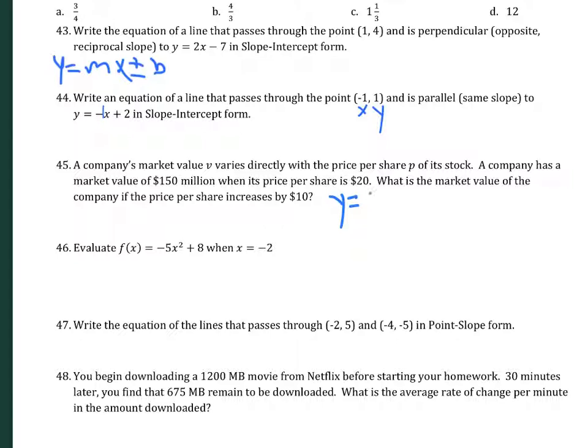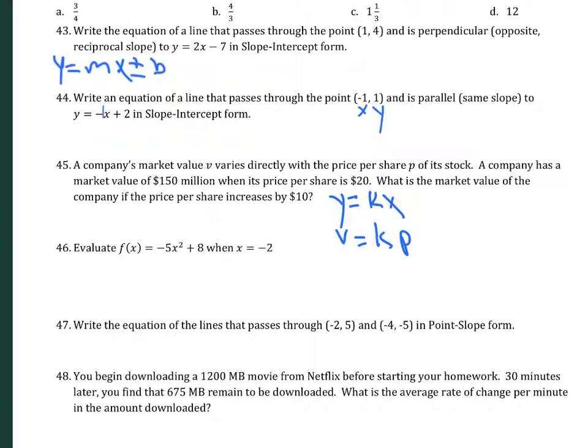So y equals kx. And I know that because they tip me off when it says it varies directly. So you got to think, the V and the P. Basically, it says V varies directly with P. So that's how you would rewrite it using V and P.